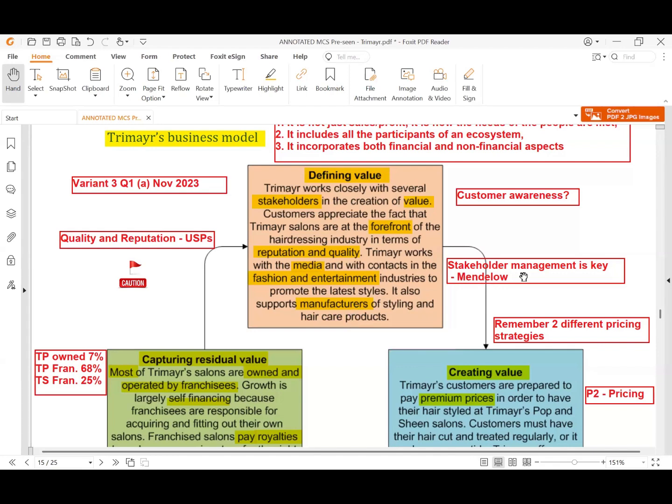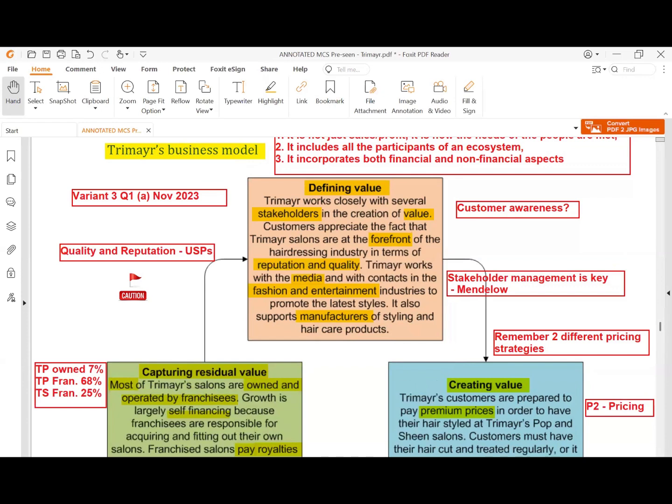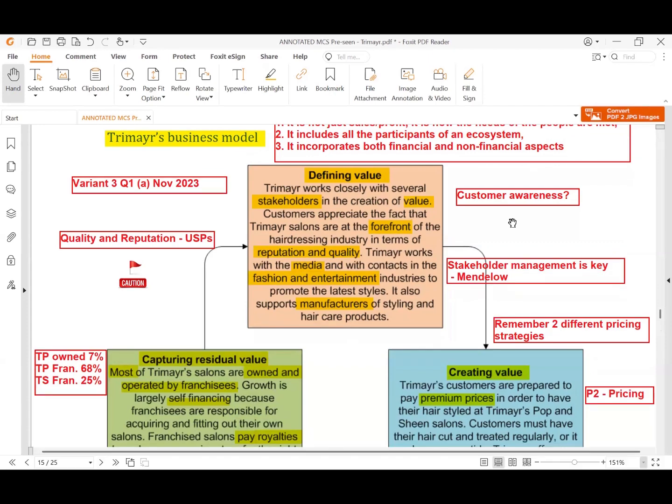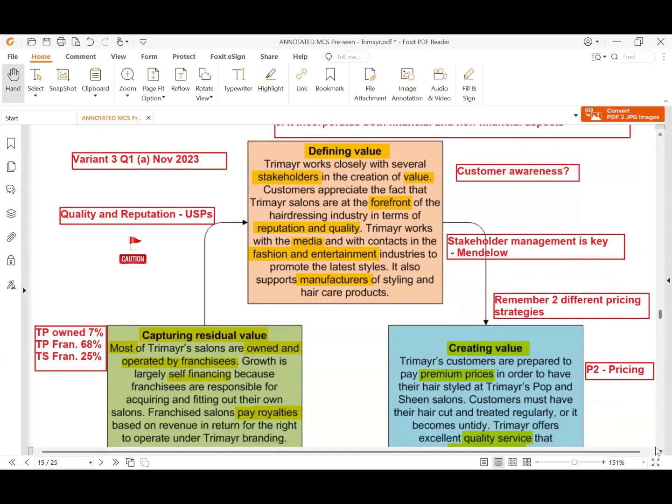I draw your attention to Mendelow's matrix in the strategic analysis, which is coming up. What I mean by that is we're going to prioritize all of the relevant stakeholders. So that's how they define value. We've got to please all these people.